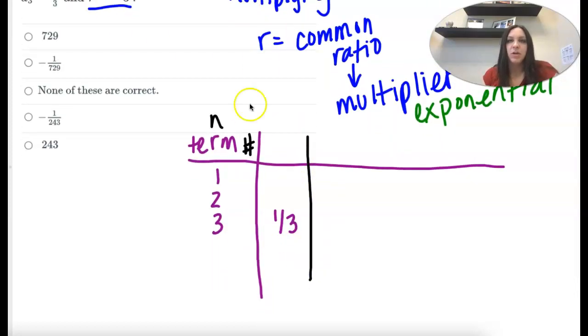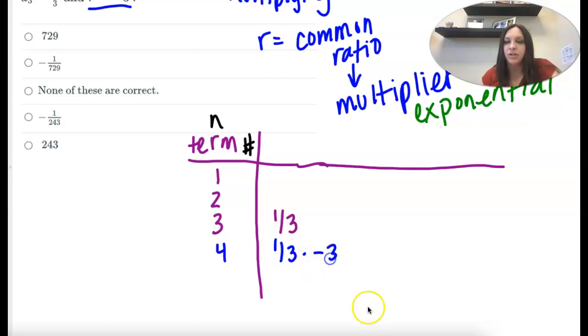So if I want to get to the fourth term, I would take the previous term times the ratio. And if I want the fifth term, I would take that term times the ratio again. See the pattern? Times the ratio again.